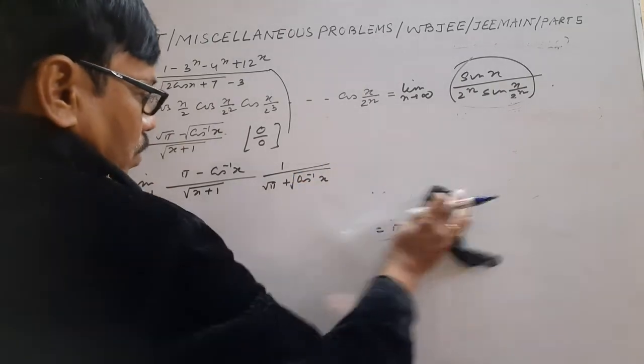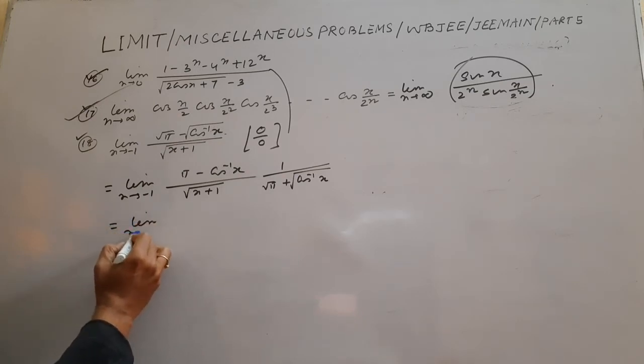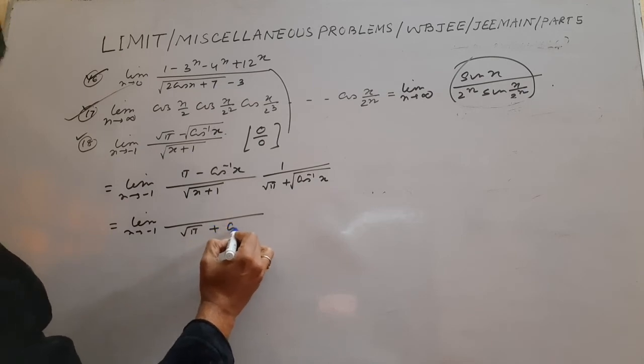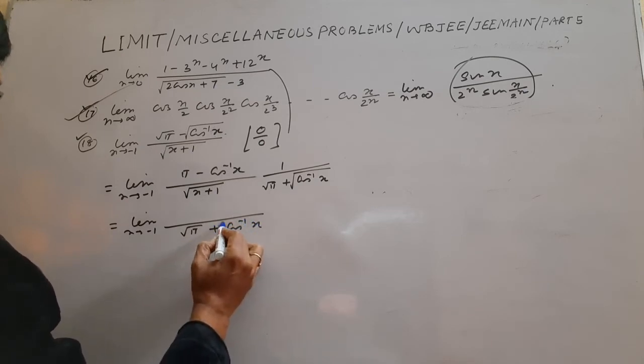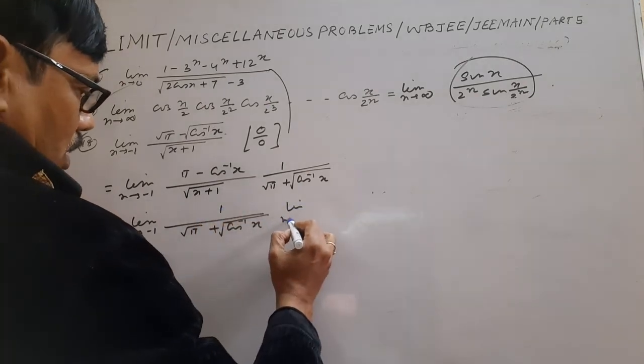So the rationalizing factor, we write it alone. If it is a problem of computation, you write the direct value. No need of showing this step.